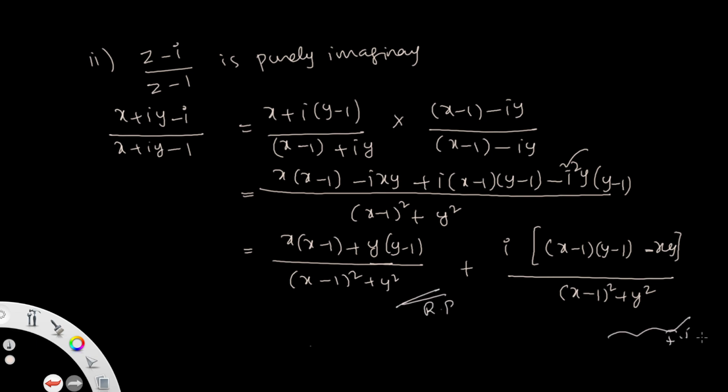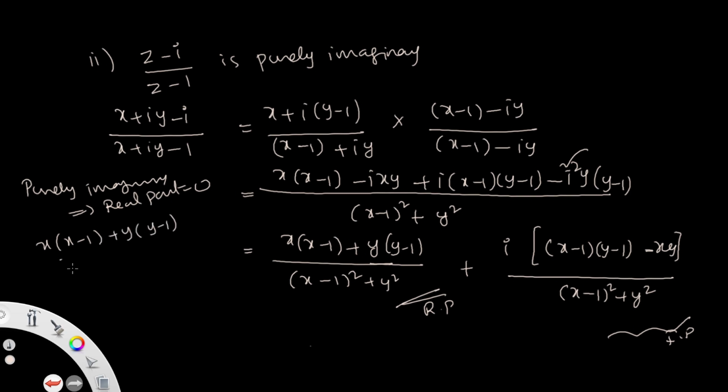But in the question it is given that it is purely imaginary. Purely imaginary means the real part should be equal to 0. Real part equal to 0 means x into (x minus 1) plus y into (y minus 1), by (x minus 1) whole square plus y square, equals 0.